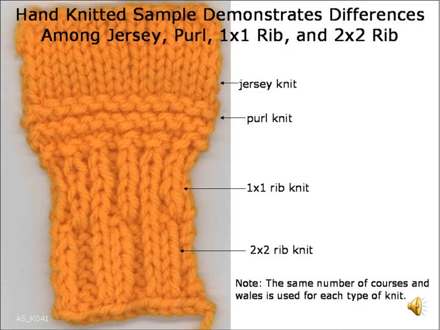This picture provides a really good example of the different knits side by side with one another, so you can see what we're talking about here, and it also demonstrates how within one garment or one product very different types of manufacturing processes can be used. On the top you can see a jersey knit, and then you have a purl knit just beneath that, and on the bottom you have two different types of rib knits.